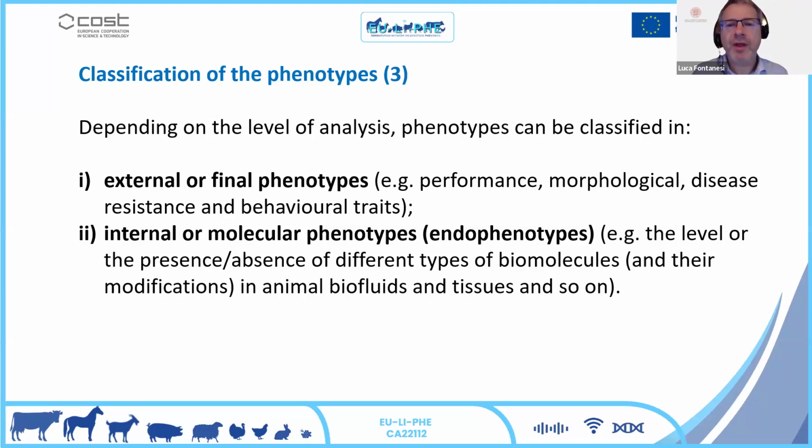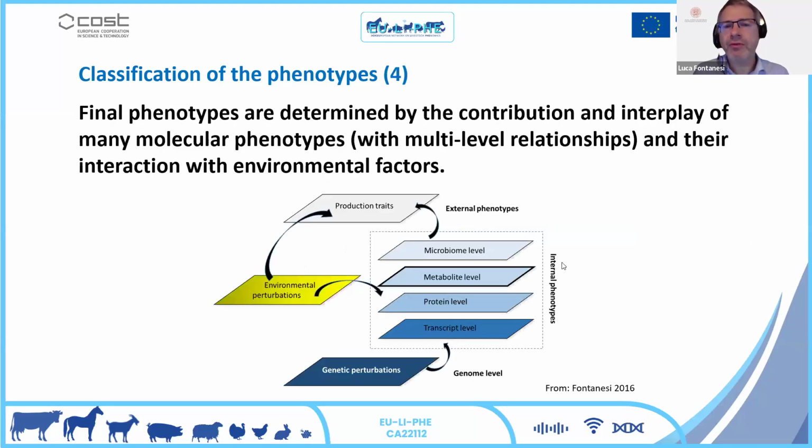They are final phenotypes that give economic value to the animals in some way, or they are the objective of breeding schemes, for example, of breeding programs. Or they are internal or molecular phenotypes, which we can call endophenotypes. They are, for example, the presence or absence of different types of biomolecules in the blood, in many other biofluids and tissues, and so on.